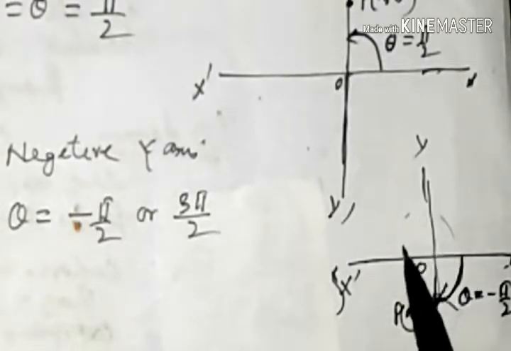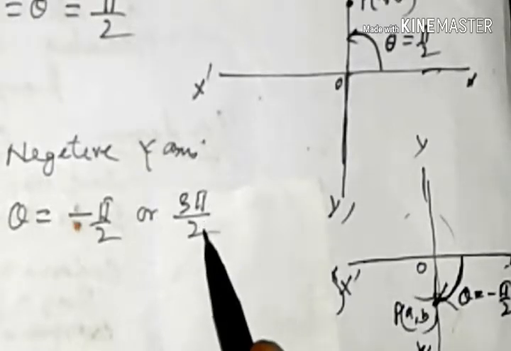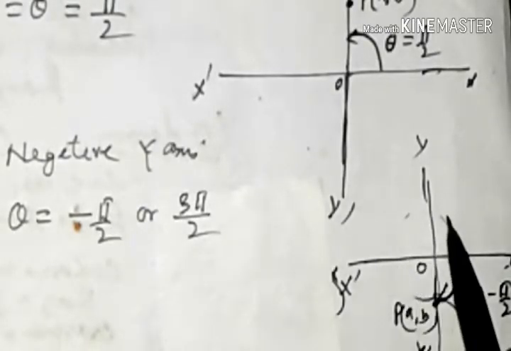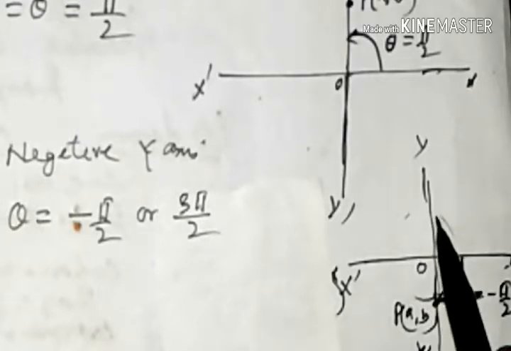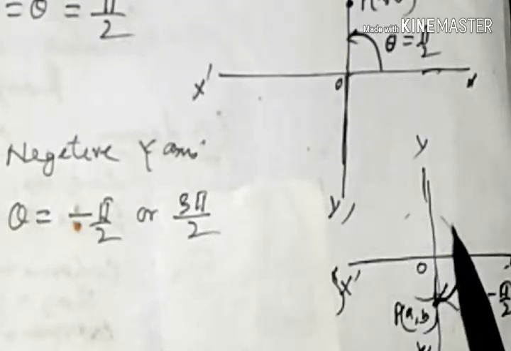And if we consider this angle, it is 3 pi by 2. Therefore arg z in this case is minus pi by 2 or 3 pi by 2, which is in the anti-clockwise direction, so it is positive.